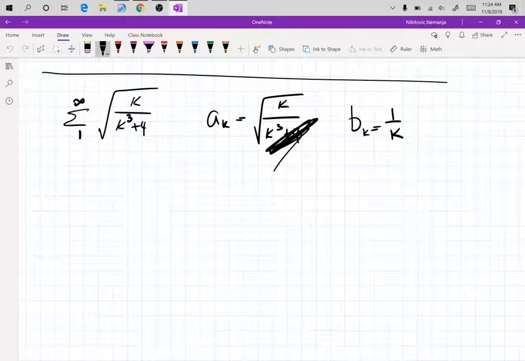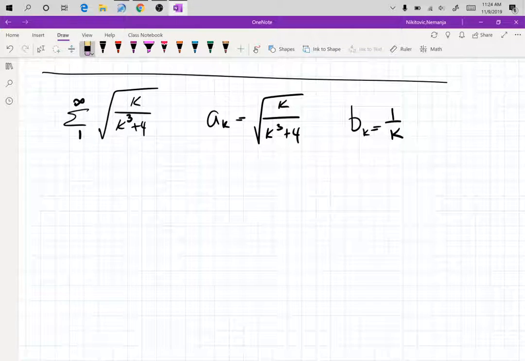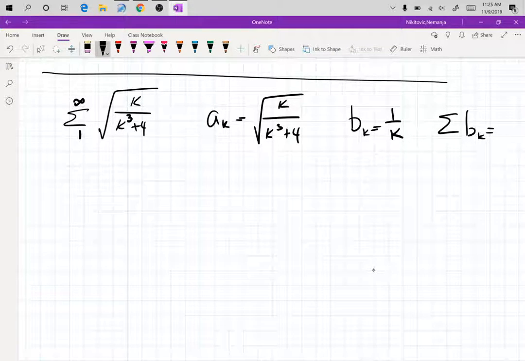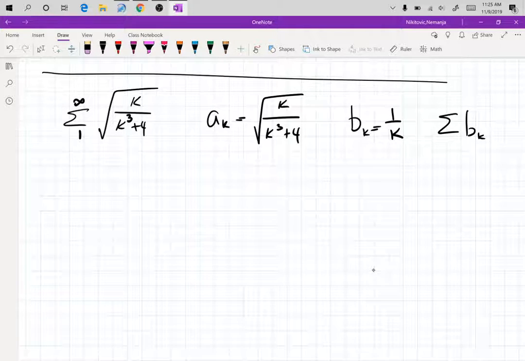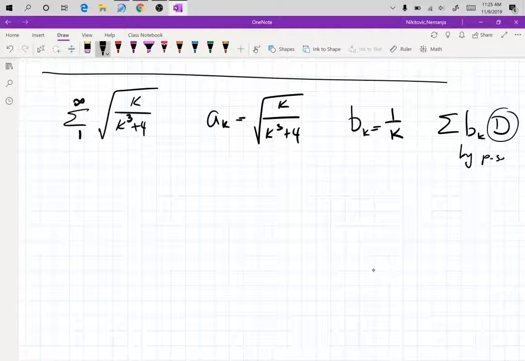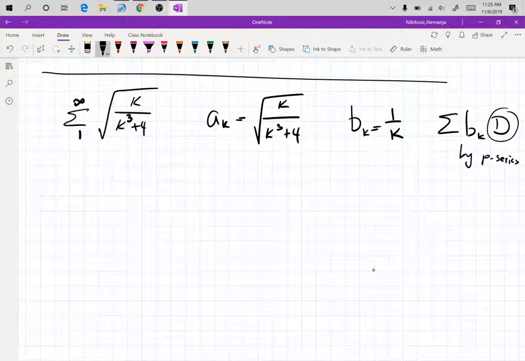So we are expecting this to diverge, because summation bk is divergent by p-series or integral test, whatever you care. So you have ak, then you have bk, and then divergence. So all I need to do is the limit.